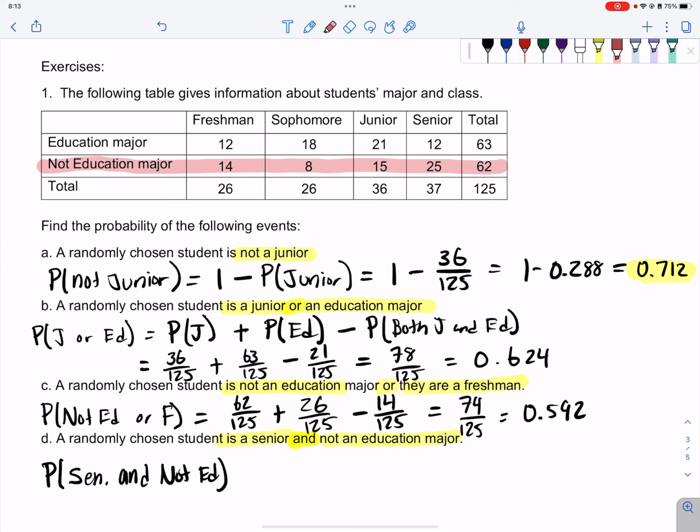So if we look at our not education major row, and then we also take a look at our senior column, the and is just strictly looking at the intersection of these two. We can see that our overlap is 25. So our probability of being a senior and not education is going to be 25 out of 125, which then gives us 0.2 for the probability.